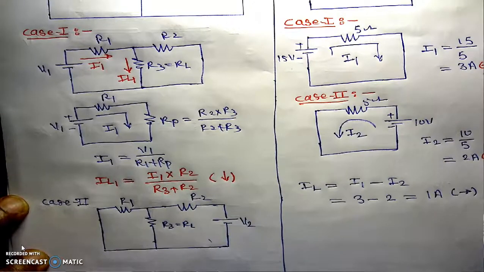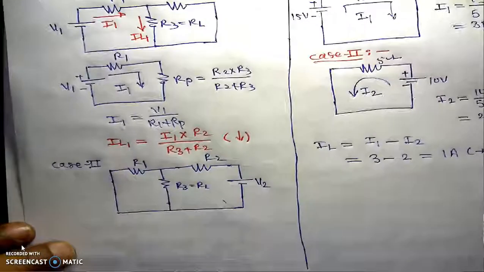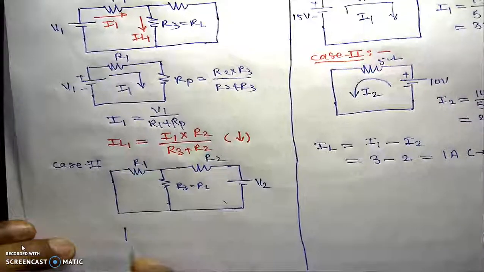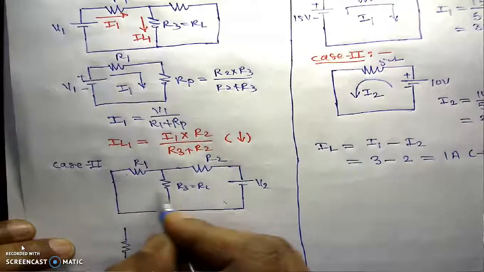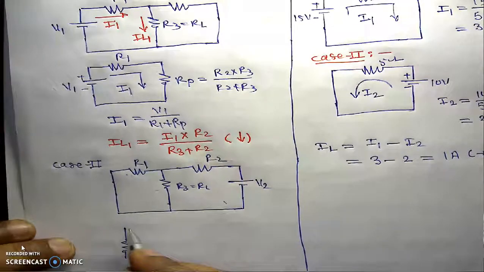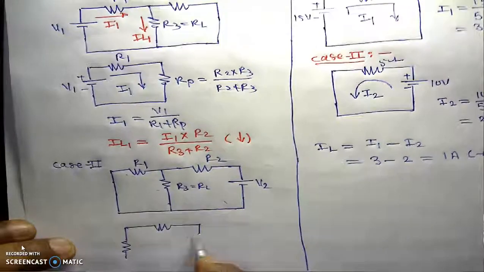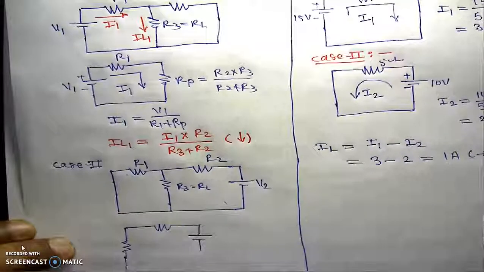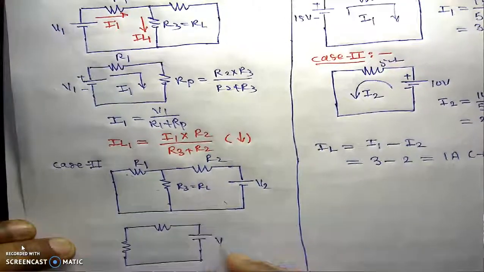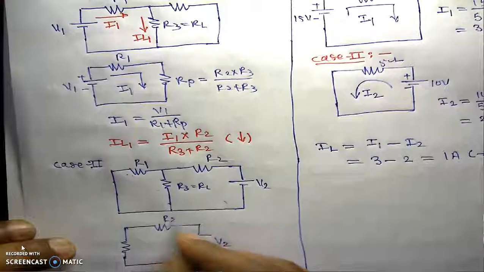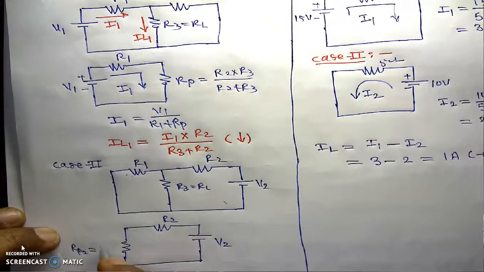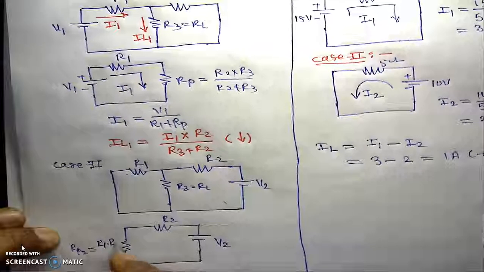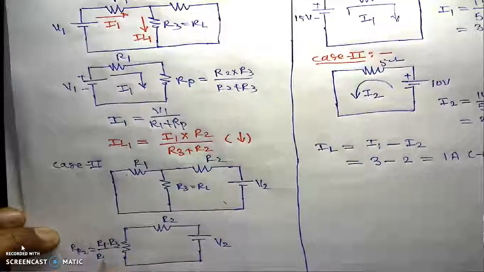Now we will reduce this particular loop again. These two branches are in parallel combination, so the figure will be something like this. Here this is V2. Here is R2. And this will be RP2, which is R1 into R3 divided by R1 plus R3.